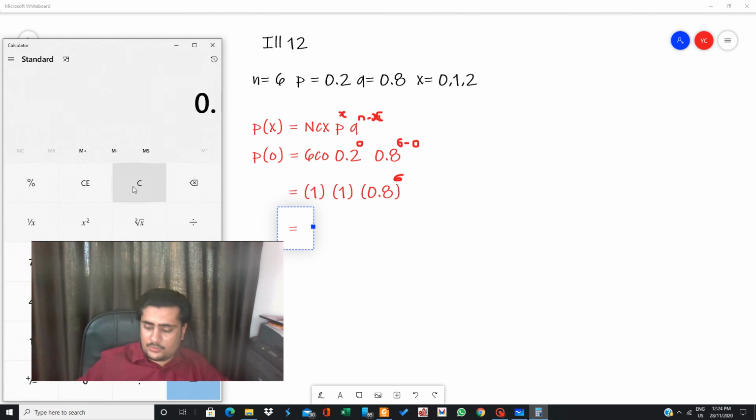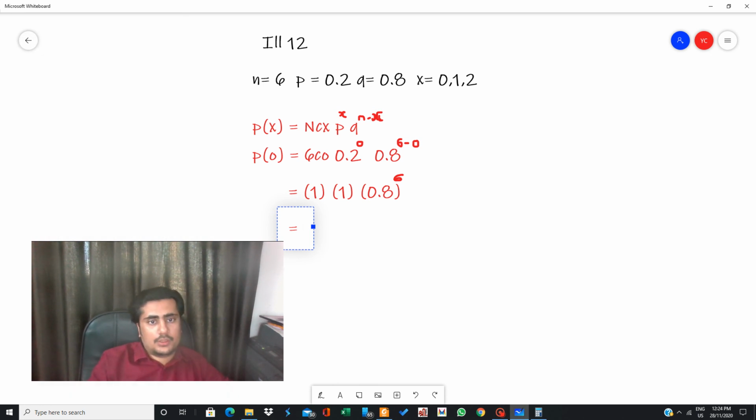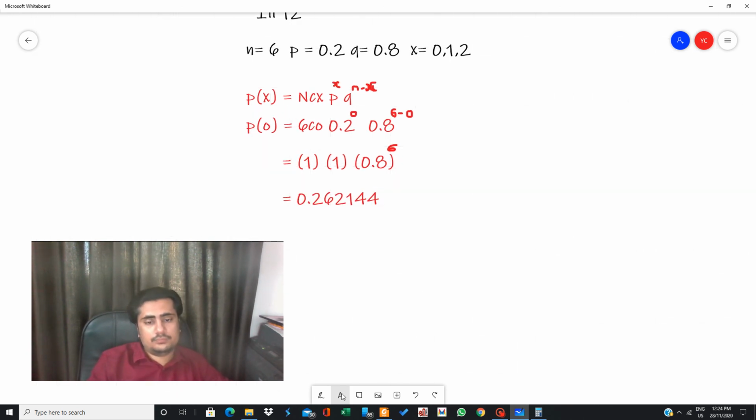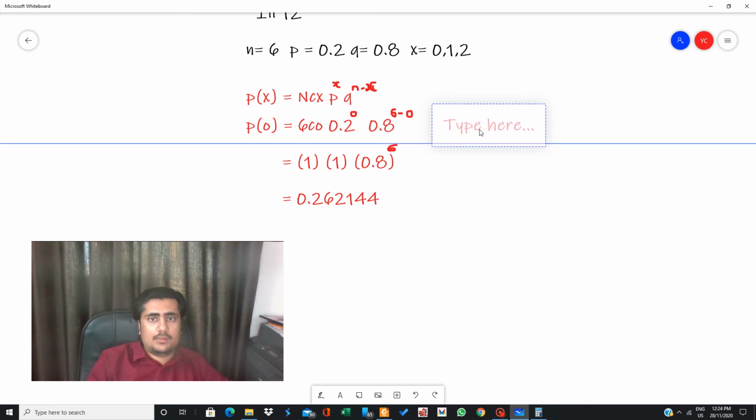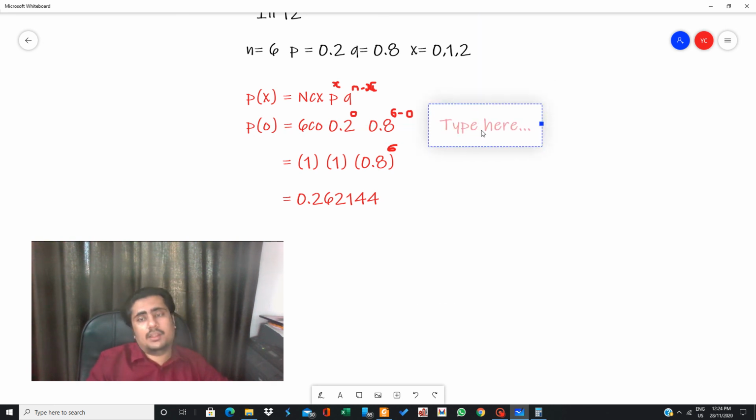So 0.8 into 0.8 into 0.8, 3, 4, 5, and 6. So it's 0.262. In a similar way, I'll find each and every x that I want to find.